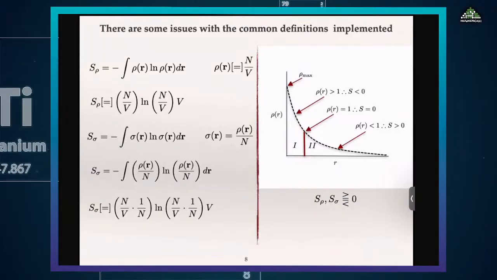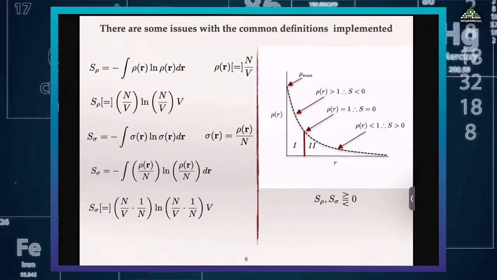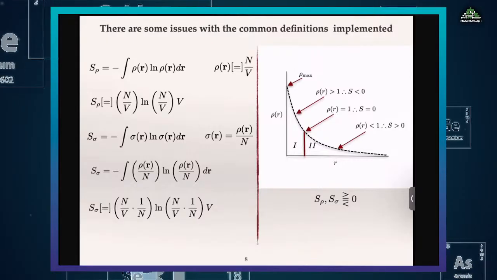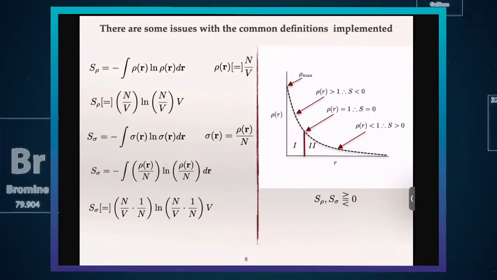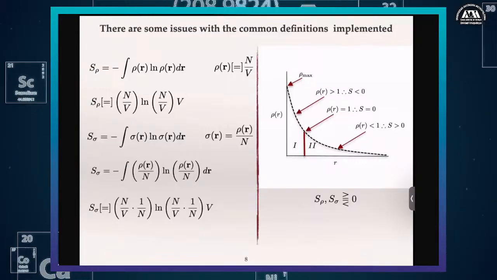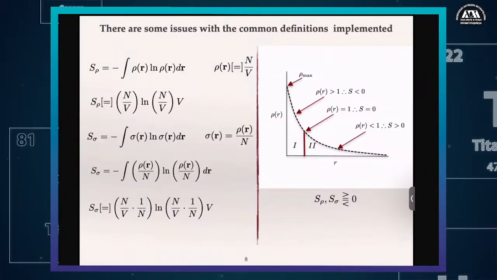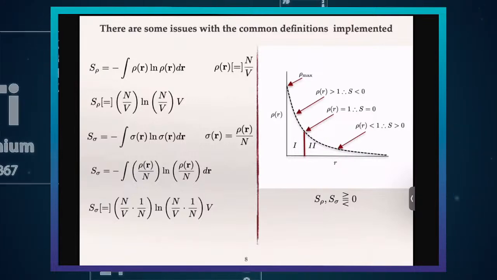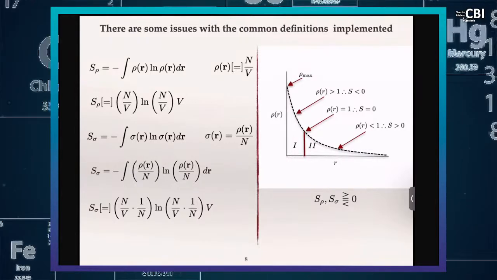In this sense, if we review the electron density distribution, we observe that at the nucleus position, for example, we find the maximum value of the electron density. We observe the presence of two zones.